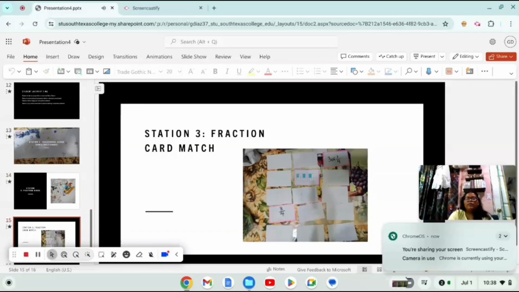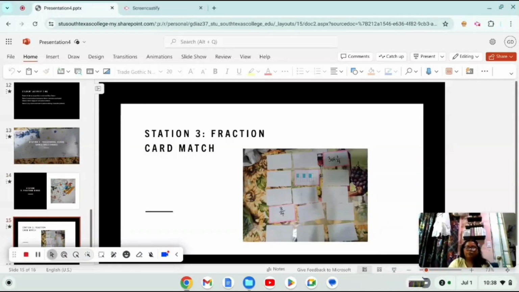until someone wins. Station 3, fraction card match. Shuffle the decks of cards containing multiplication problems, pictorial models, and solution cards separately. Place the shuffled cards face down in 3 separate rows or piles on the playing surface. Decide who's going to go first. Take turns. On each turn, a player flips over 3 cards: one card from the pile of multiplication problems, one card from the pile of pictorial models, and one card from the pile of solution cards.